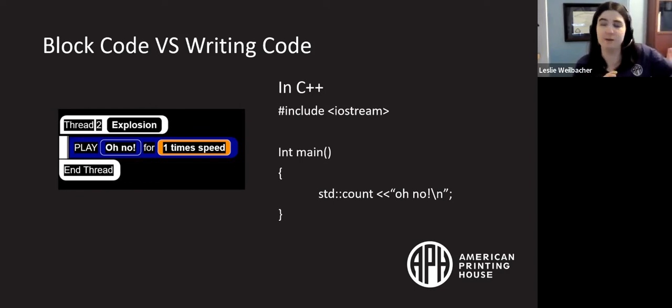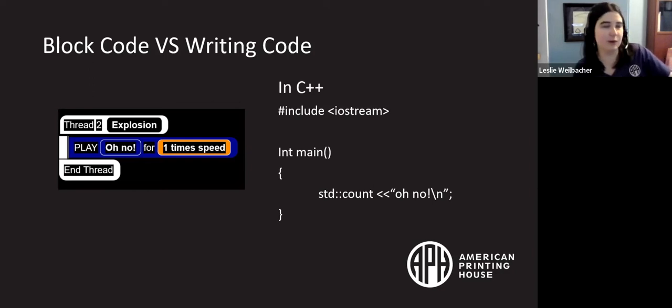We have these colorful pieces of blocks on the screen that hold the code. And the code is a string of characters, numbers, in a certain way that gives the computer information. It's the language the computer speaks.